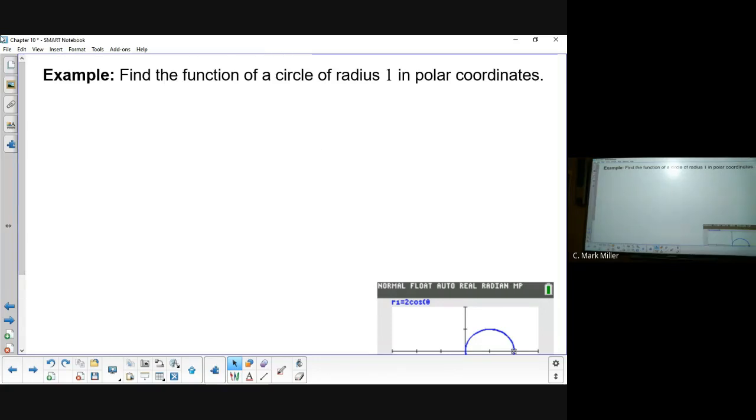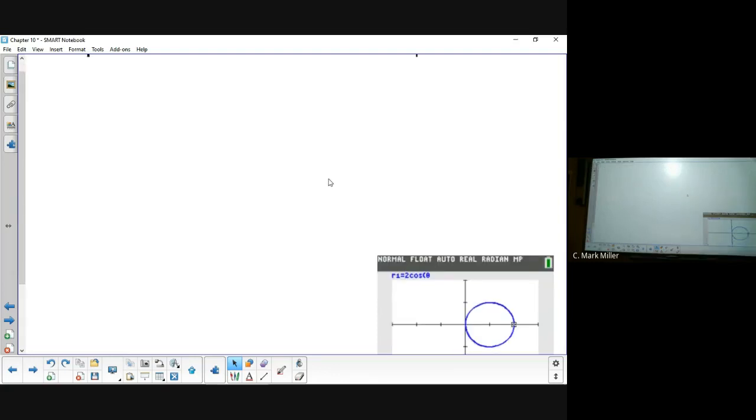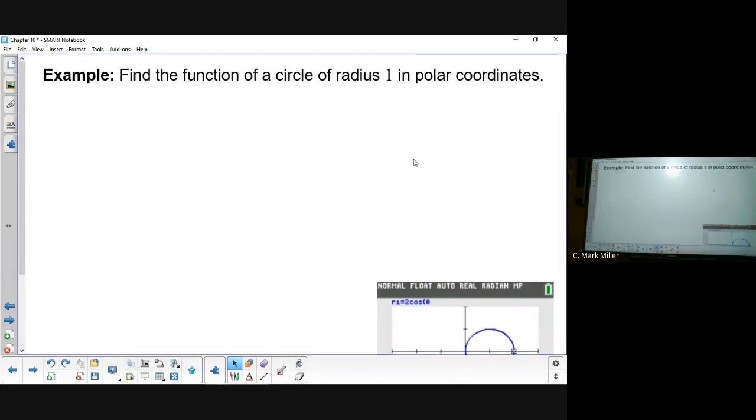The function of a circle of radius 1 in polar coordinates. Well, we could do r equals 1. That's one way.